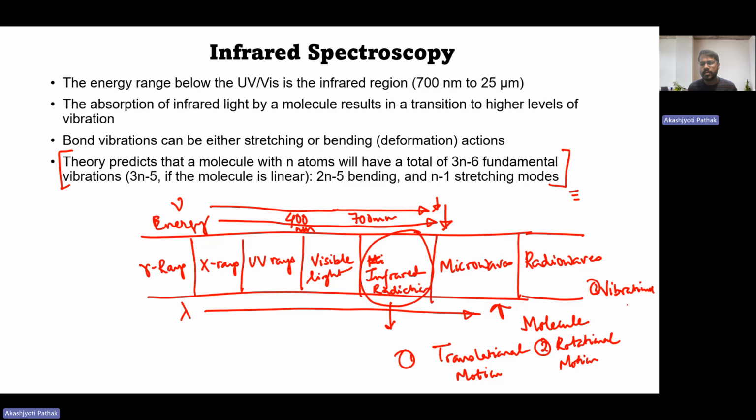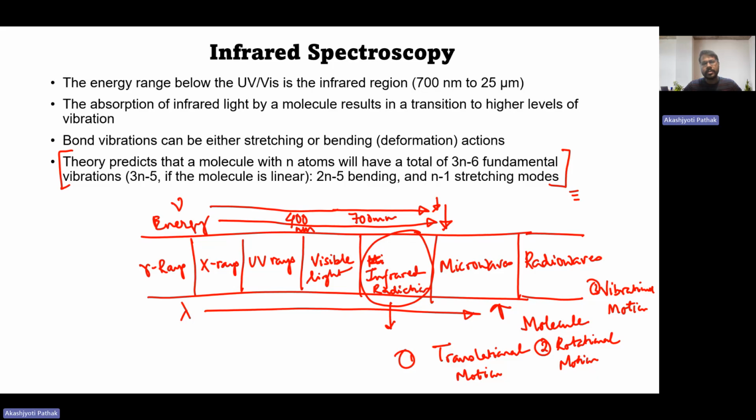So a molecule can show three different types of motion. Translational motion: if you consider an atom present in a molecule, it can have three different translational motions. It can translate along the x-axis, the y-axis, or the z-axis.